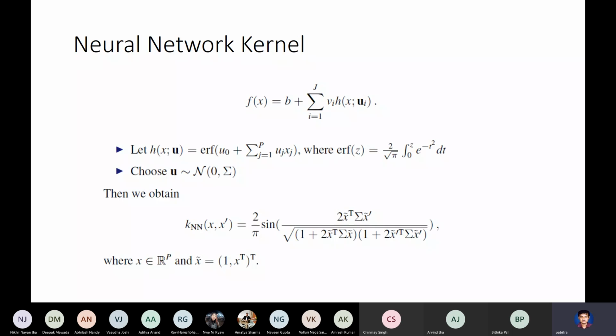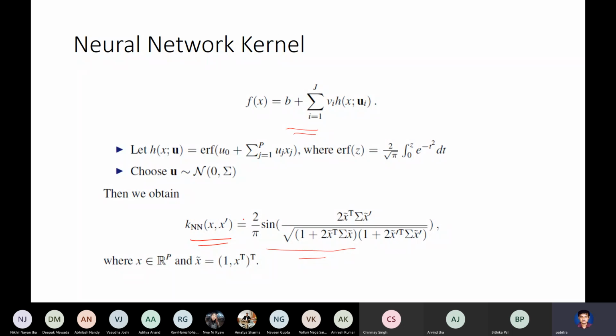So why don't you learn that hyperparameter using a neural network? The kernel function itself is defined as a neural network. So the kernel function k_NN between x and x prime is defined by this complicated thing.